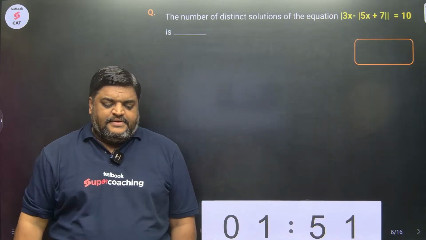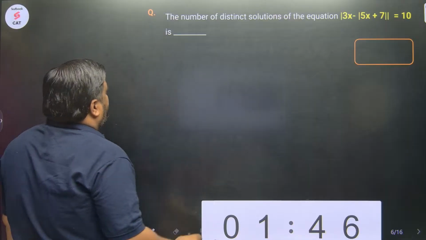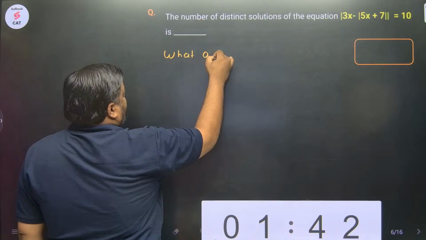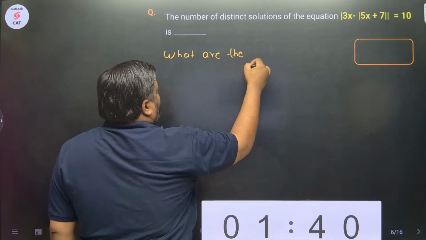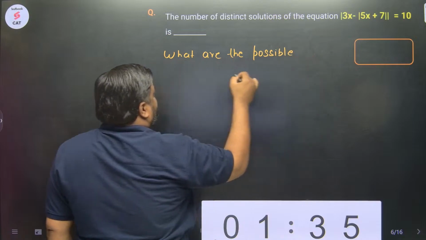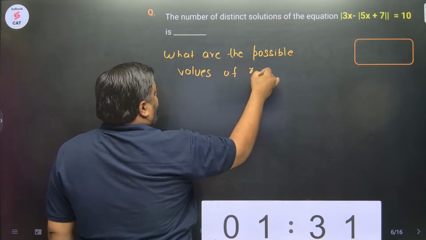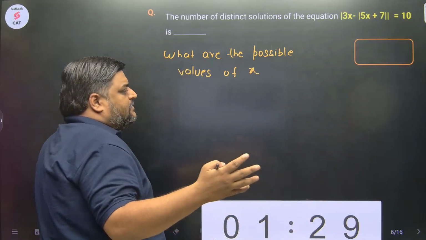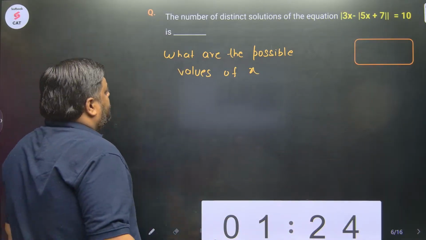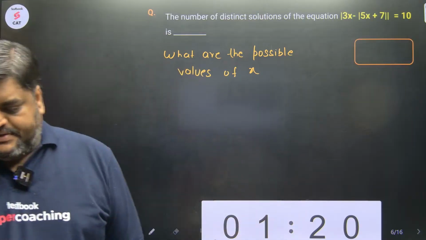Solution kya hai woh bhi aapko batana hai, theek hai? And also, what are the possible values of x? If you say there are 5 solutions, what 5 solutions of x are possible? Ye bhi aapko batana hai, I've given you 2 minutes for the same. Chalo, do it.